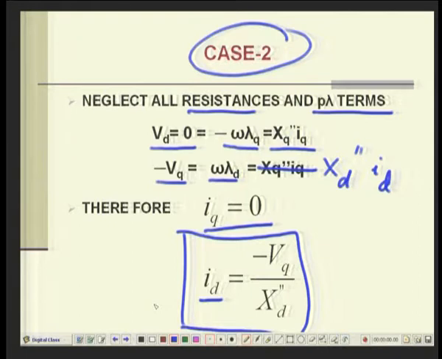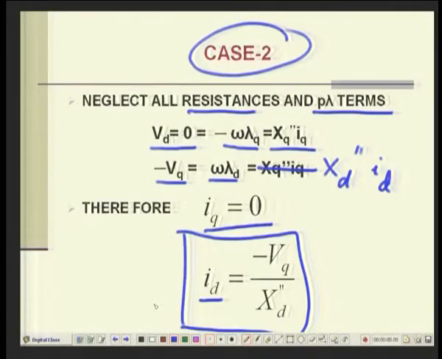This is another interesting thing. If we neglect the transformer EMF, that is, the change of flux is not very much after a short circuit, then you have this situation.